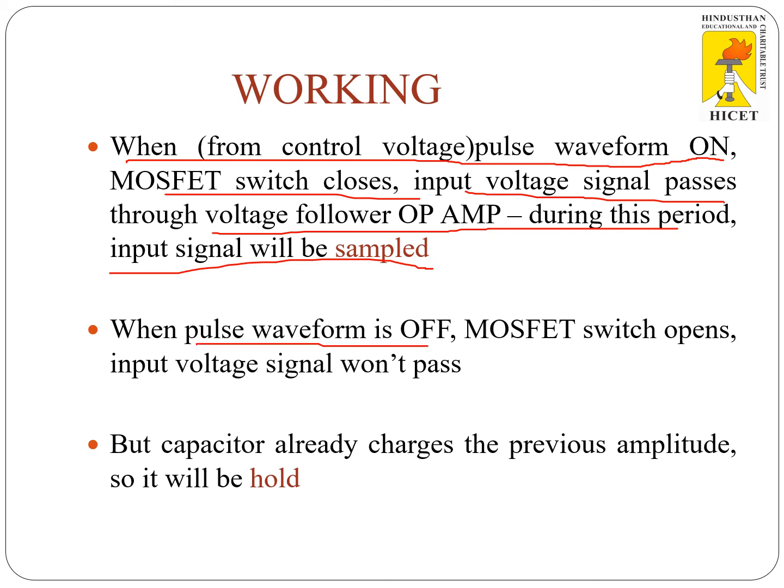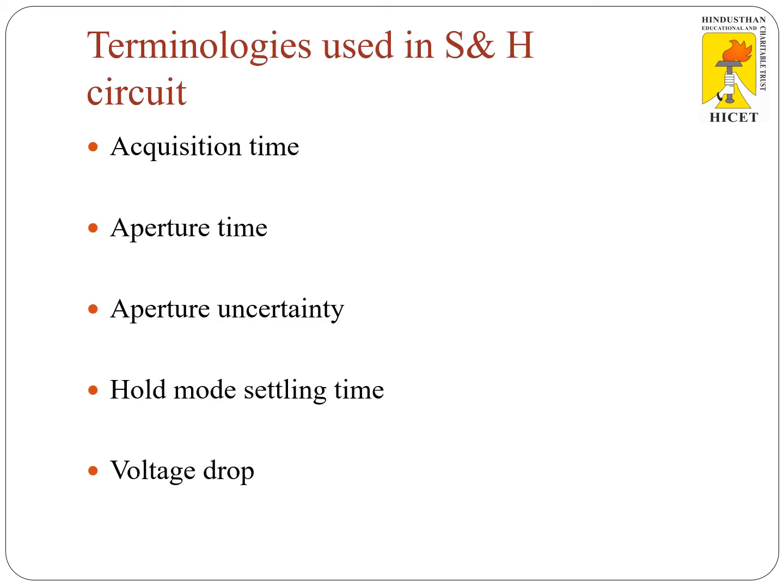When this pulse waveform is off, that is, the MOSFET is open, the input won't be entering the terminal of the op-amp. You have a capacitor that already holds the last amplitude, which means it charges to the previous amplitude, and that will be held.